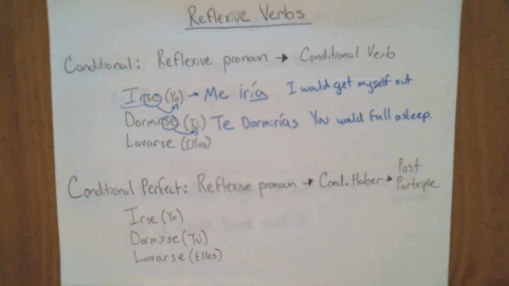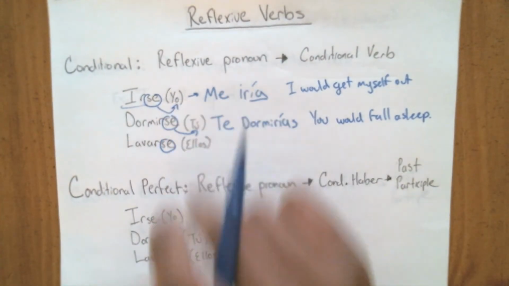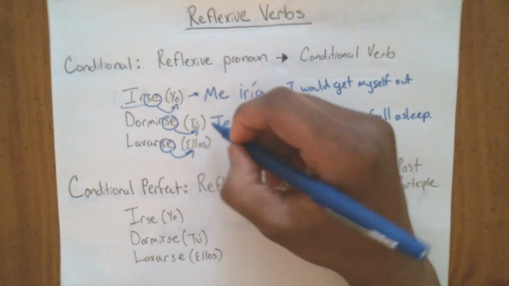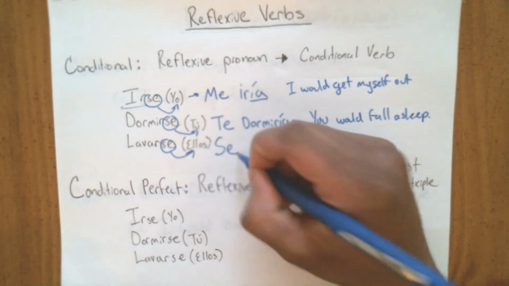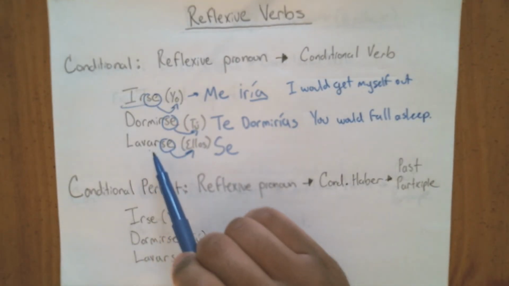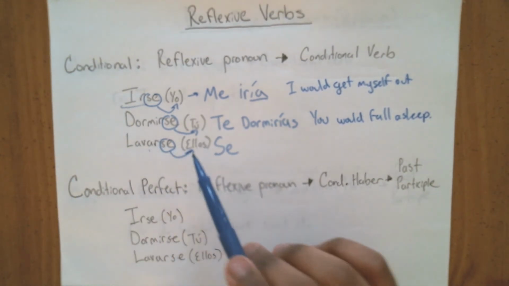Now lavarse. Lavarse means to wash oneself. Like if you say, I'm going into the bathroom to wash my hands or something like that. We would take our reflexive pronoun, put it in the right form. We know we need the ellos form, and the ellos form of se is just se, okay? Then we take our verb and conjugate it in the conditional tense, or whatever form we need in the ellos form as well.